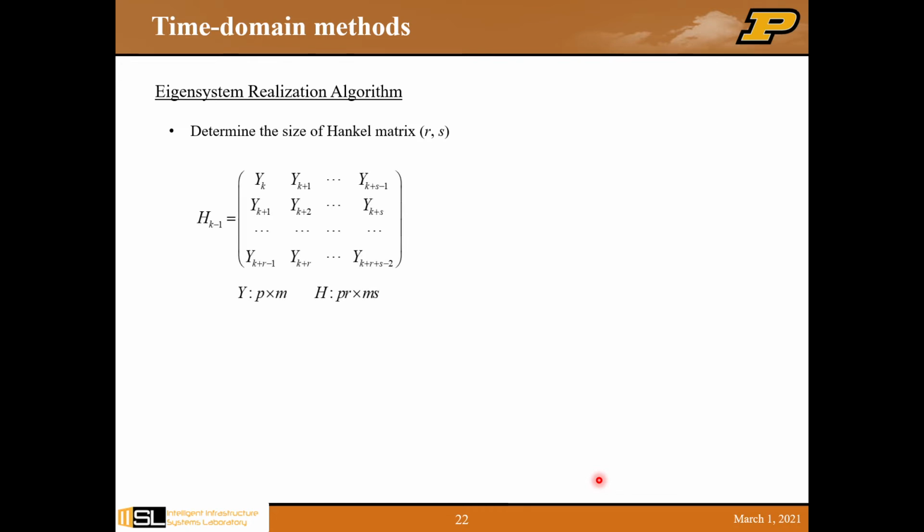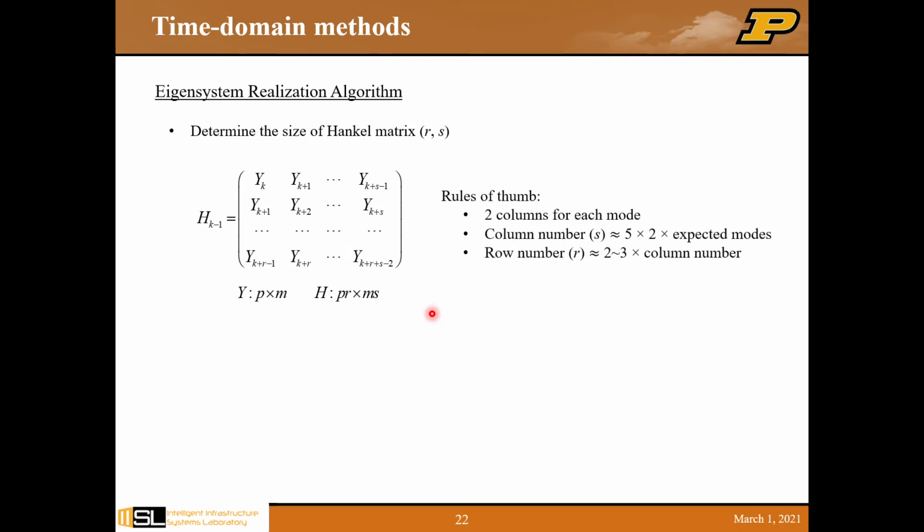As I mentioned before, the Hankel matrix consists of each output measurement block, where y has a size of p times m. p is the number of measurements, m is the number of inputs. Therefore, the Hankel matrix has a size of pr times ms.